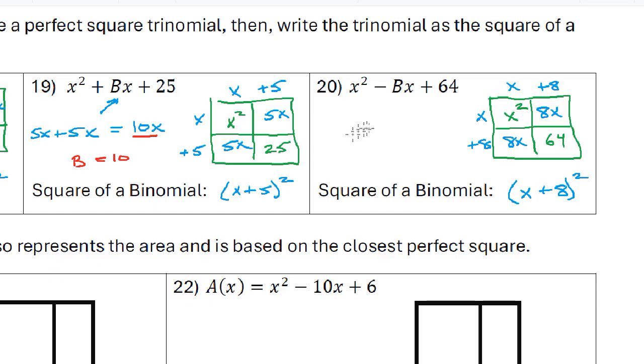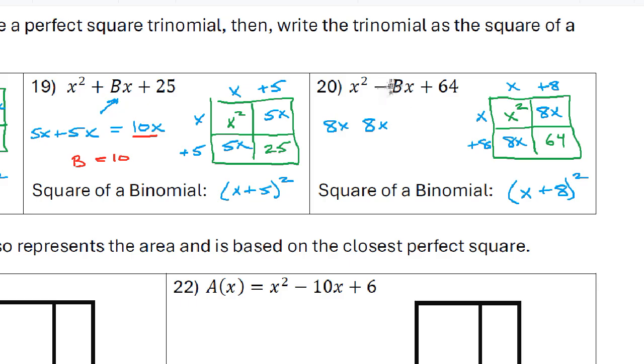Okay, class, now take a look at something here. We've got a little issue that now has come up. We've got 8x, and we've got 8x. But our problem here is that these are going to be a negative value. So if you look at this, class, we still have two numbers that multiply to give us 64, but we need to make sure this middle term is actually negative.